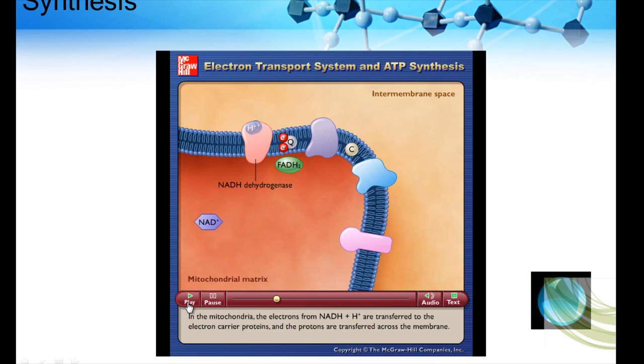Now, the electrons will be picked up by this guy here, and transported to the next protein. That's where we get the name electron transport system. The electrons were split from the protons, and a little of the energy from these electrons was used to pump these hydrogens to the other side of this membrane.